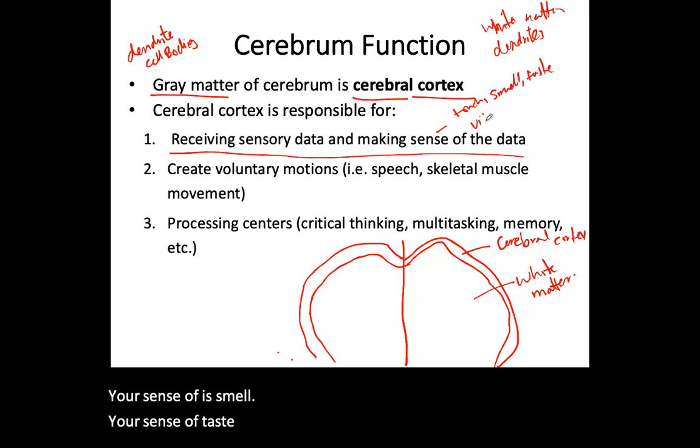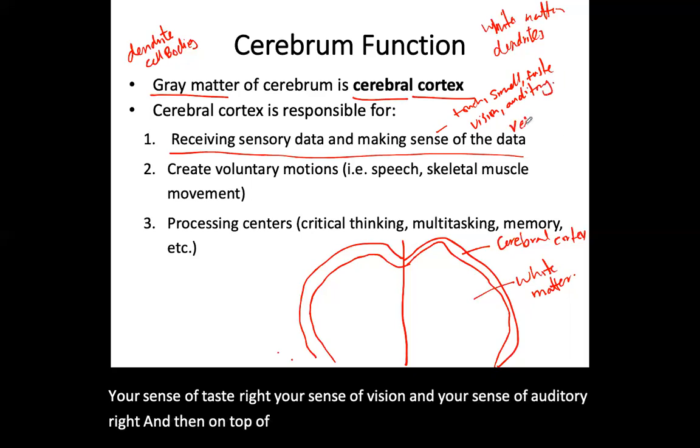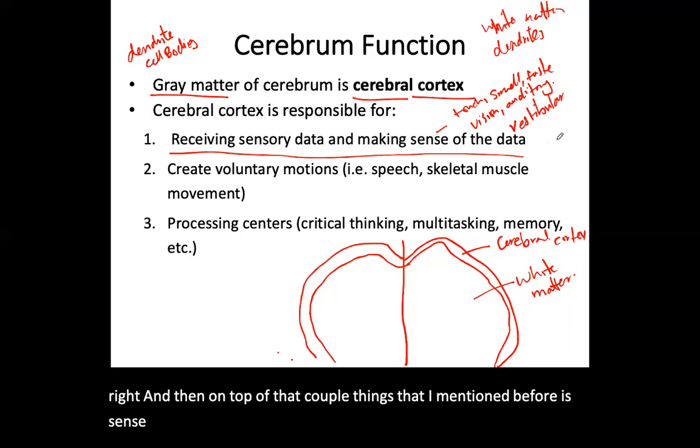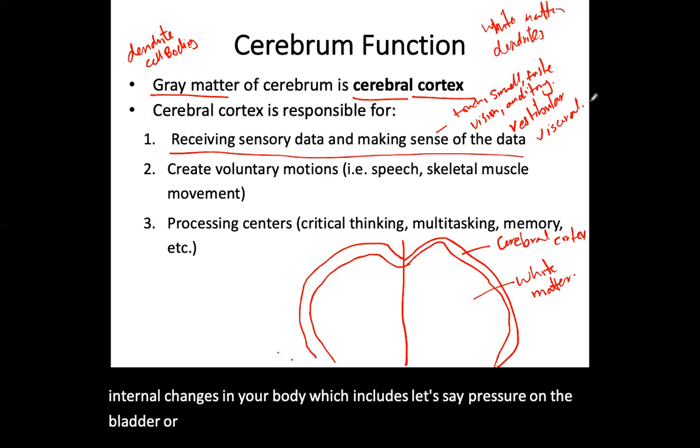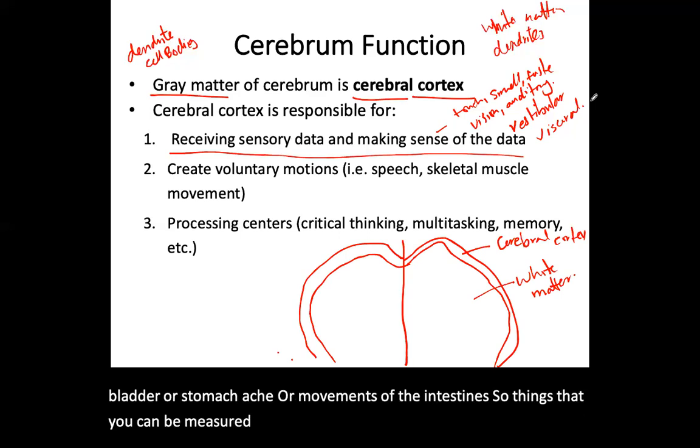Your sense of vision, and your sense of auditory, right? And then on top of that, a couple of things that I mentioned before are the sense of vestibular, which is the sense of balance, and visceral, which is internal changes in your body, which includes, let's say, pressure on the bladder or a stomach ache or movement of the intestines. So things that can be measured, but these are internal.